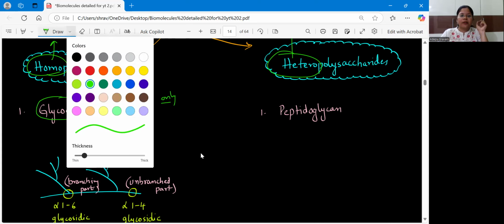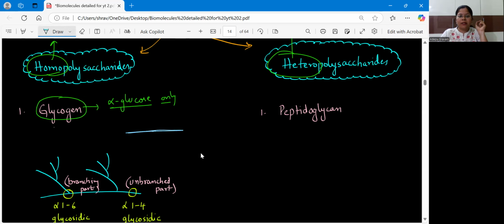For example, we have a main stem. Say these are the sugar units here, which are bonded by alpha 1,4 glycosidic bonds. And now from this main stem arise the branches.